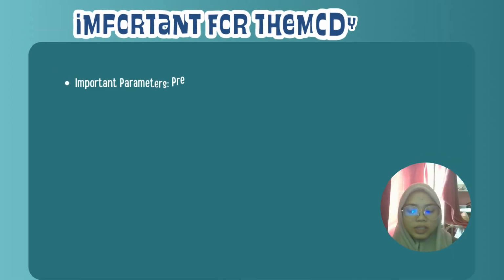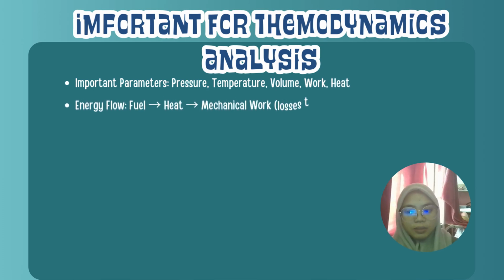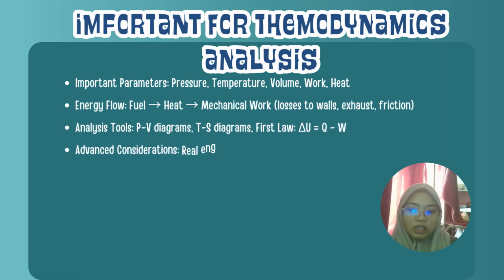In real internal combustion engines, efficiency is usually lower than the ideal due to heat losses, friction, and incomplete combustion. Engineers use thermodynamic analysis to identify where these losses occur and to improve the engine design.